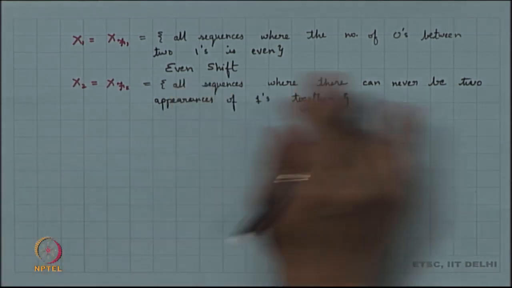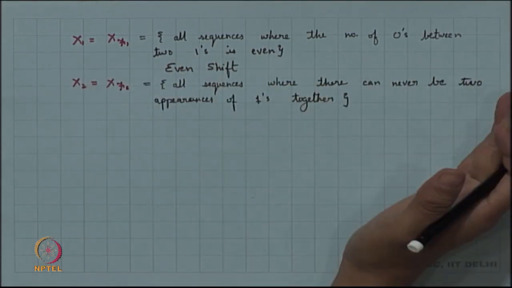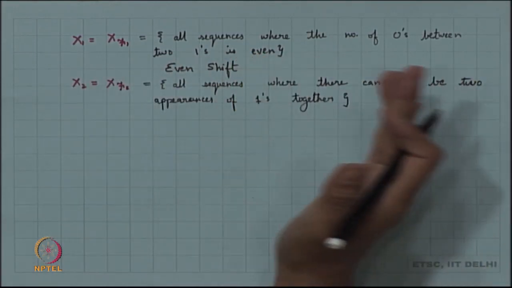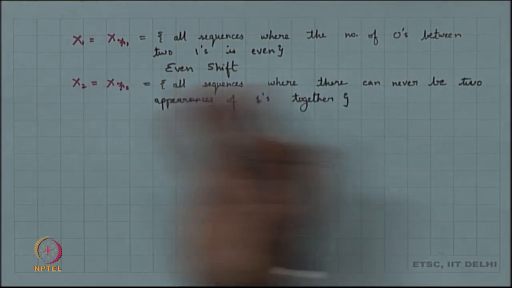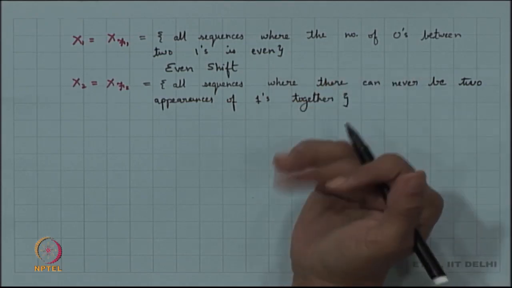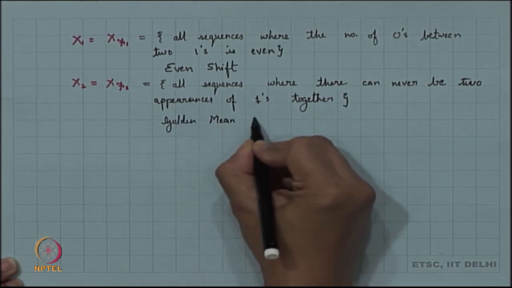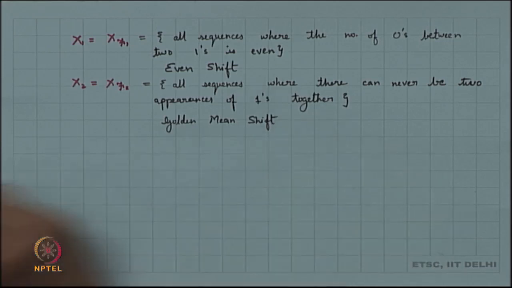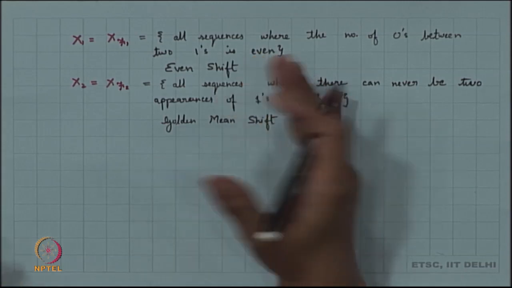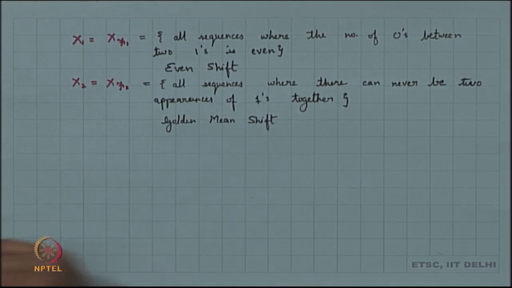And if I look into all such sequences, shifting is not going to change this concept. So this happens to be a proper subshift, and this is basically called the golden mean shift. Why, we shall look into that concept later. But we find that these are all subshifts, and the subshifts can be defined in terms of forbidden blocks.